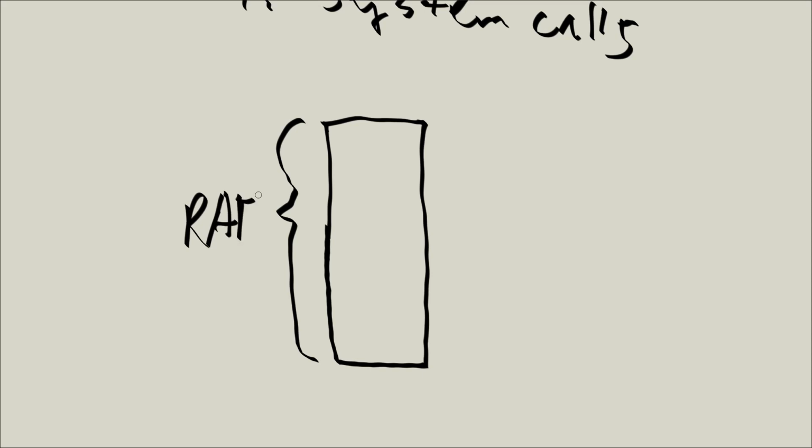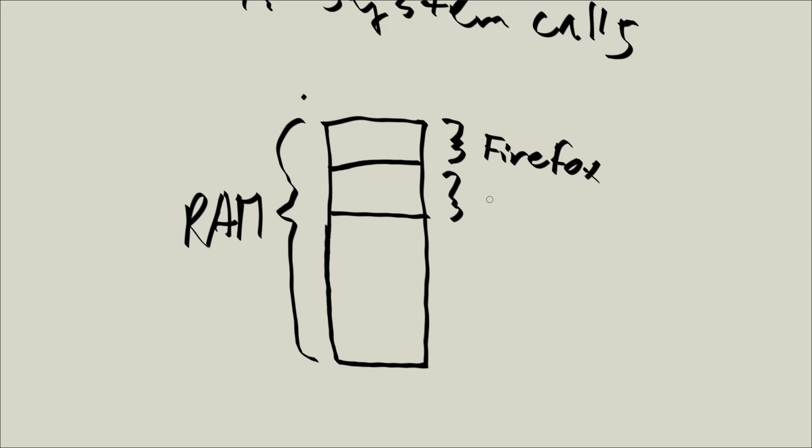We're going to talk more about memory related stuff in other videos, but basically, when you have a process or an application, it takes a certain part of the RAM. Let's say that this part of the RAM is taken up by Firefox, and this part is taken up by, I don't know, LibreOffice Writer.